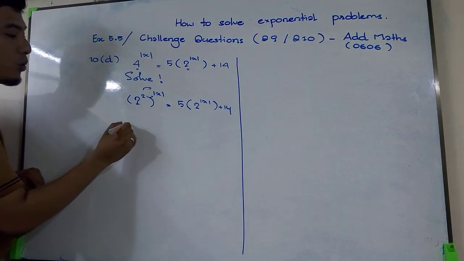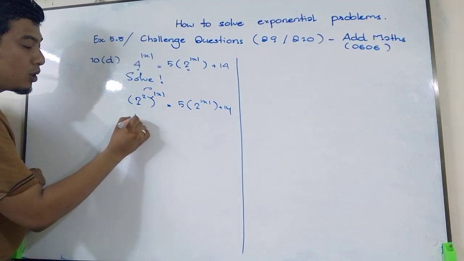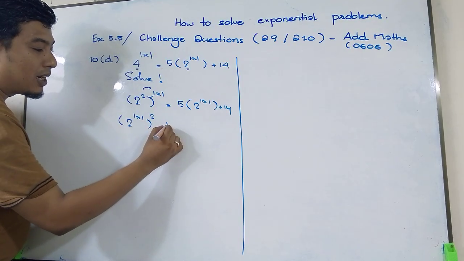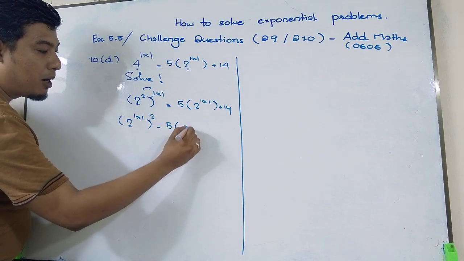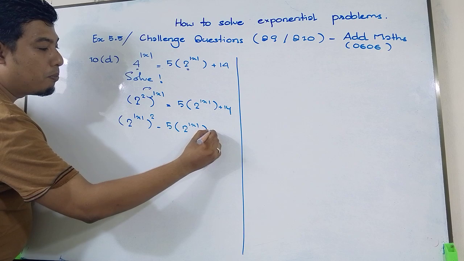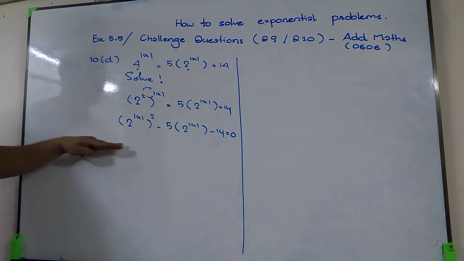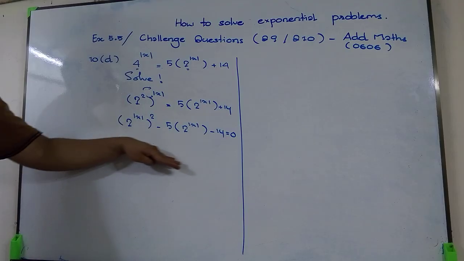So now I'm going to rewrite it again. 2 to the power modulus x, the whole squared, minus 5 times 2 to the power modulus x, minus 14 is equal to 0. Now it is very similar to a quadratic equation.